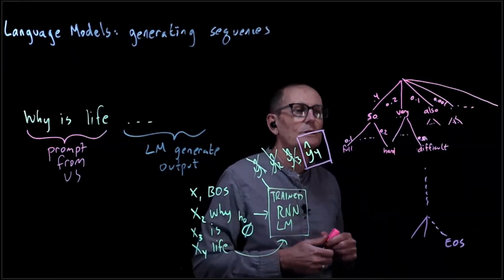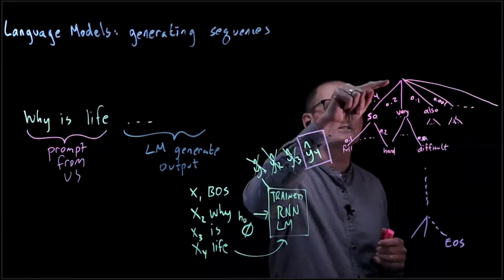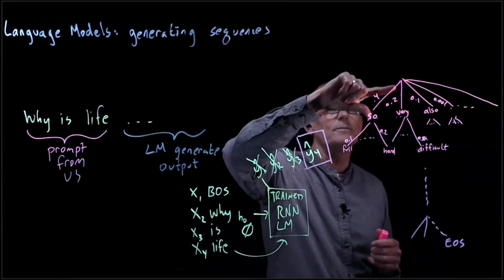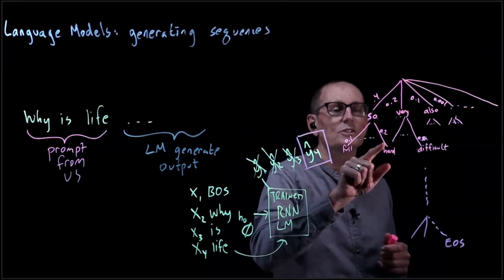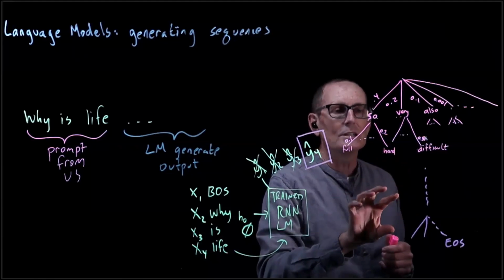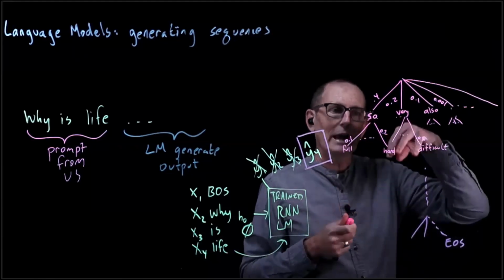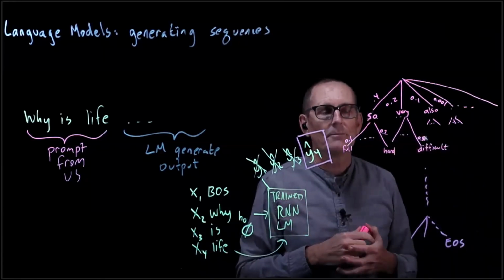In that case, we would say, assuming these were all the highest probabilities, so would be the best choice because that was the highest among here. And then hard would be the best choice here, assuming nothing else is bigger than 0.2. And then we keep going down, picking the highest at every choice. So at every branch, we choose the highest possibility of the probabilities in there.